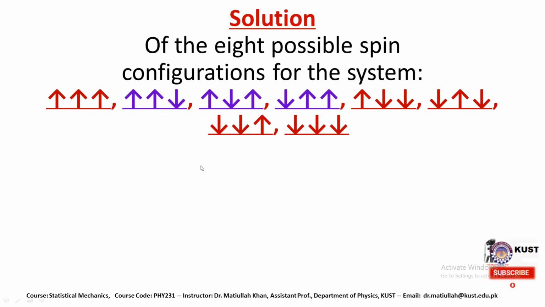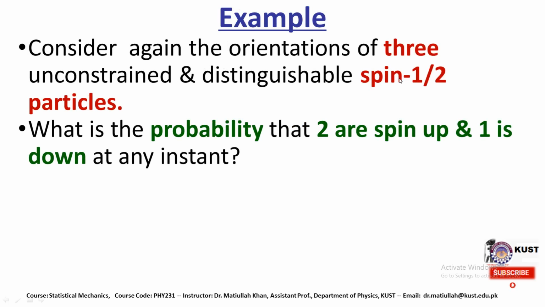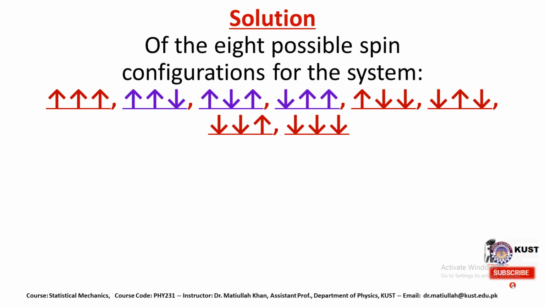In this similar configuration we have another, more relevant example: what is the probability that 3 are spin down and 0 is spin up? Again, if we calculate the probability for that system, we come across these possible microstates.